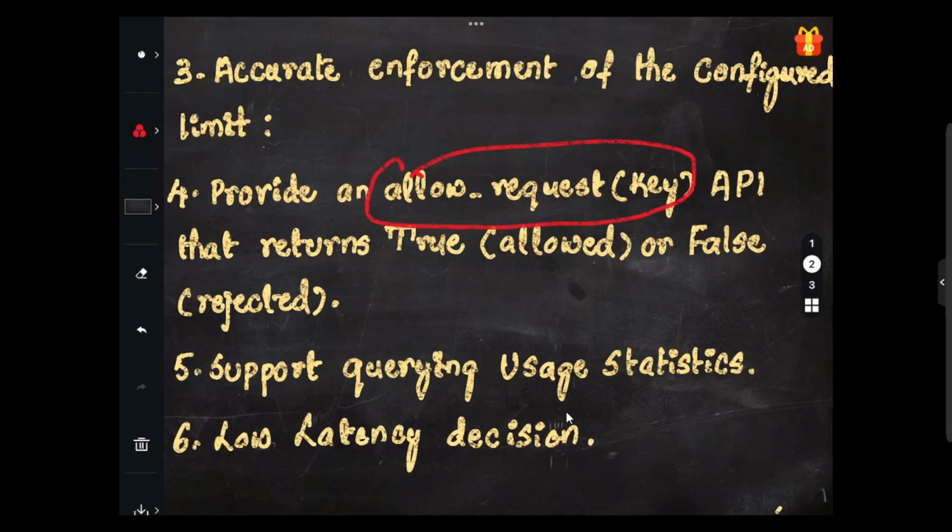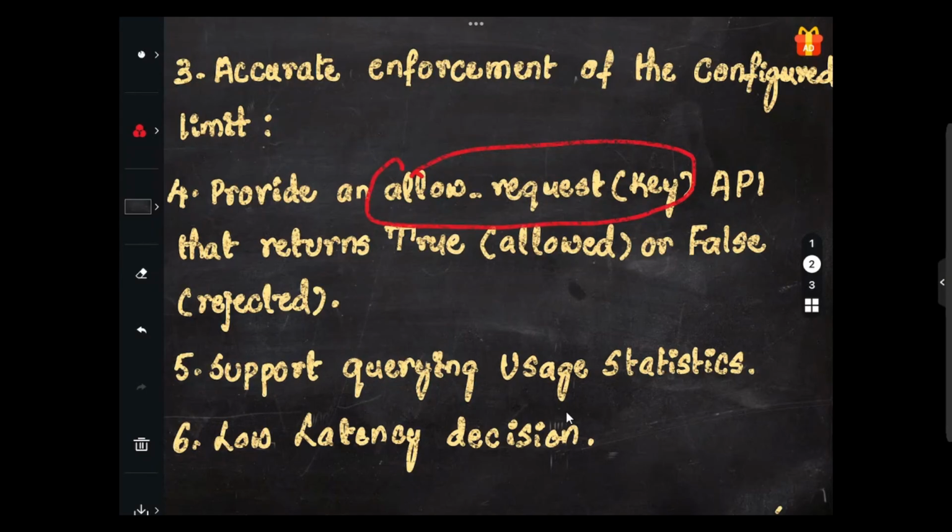When a new request arrives, we will remove the timestamps older than now minus window seconds. If the number of timestamps is less than the maximum requests, then we will accept and append the current timestamp. Else we will reject.